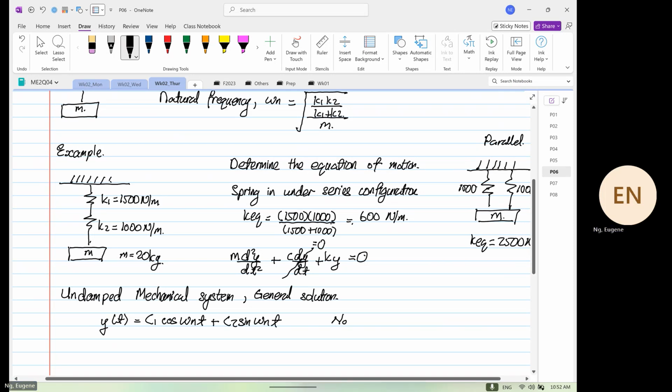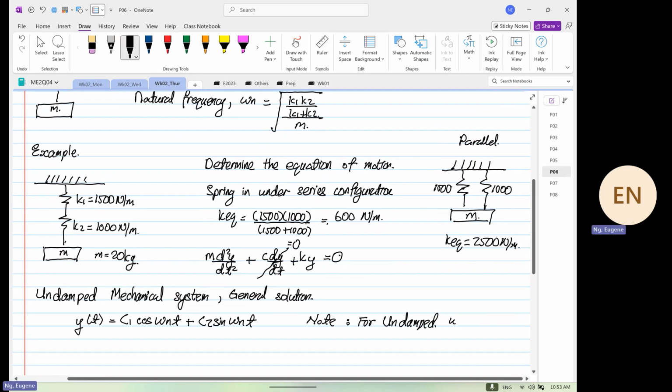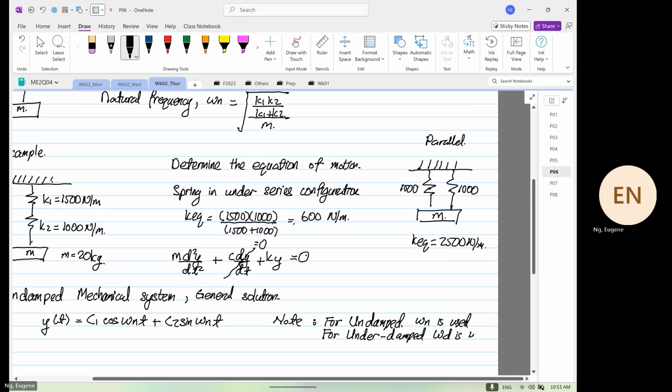Note for undamped, omega n is used. For underdamped, omega D is used. Okay, so that is our omega n.